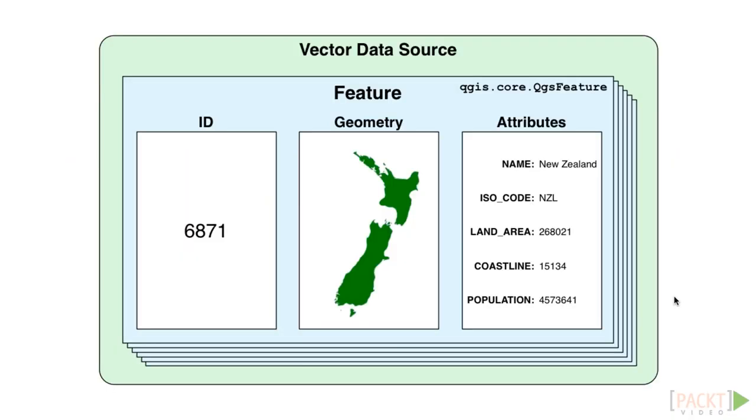A vector data source consists of a number of features, where each feature is like a record within the data source. Each feature, an instance of QGIS.core.QgsFeature, has a unique ID, a geometry which stores the point, line or polygon for this feature, and a list of attributes which contains information about the feature.